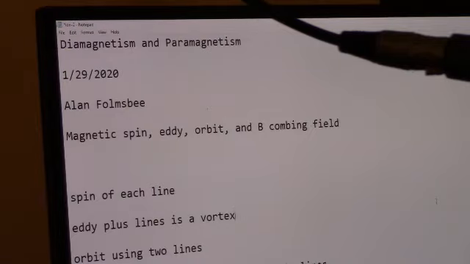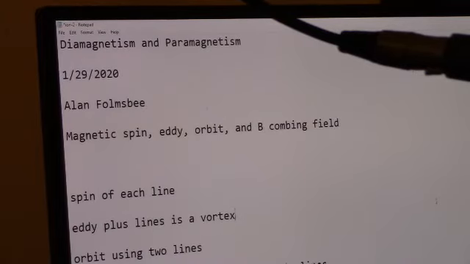Diamagnetism is the same at 1 degree Kelvin as at room temperature for a material, and it's very weak, like gravity. I suspect they're related. So I described the four terms: spin, eddy currents, orbits and orbitals.